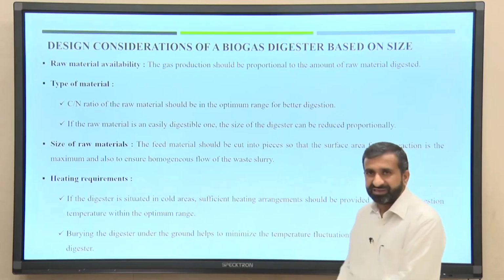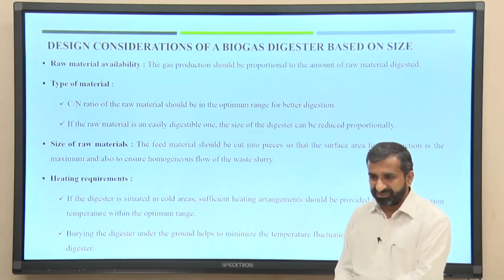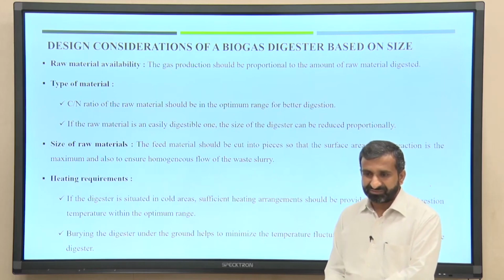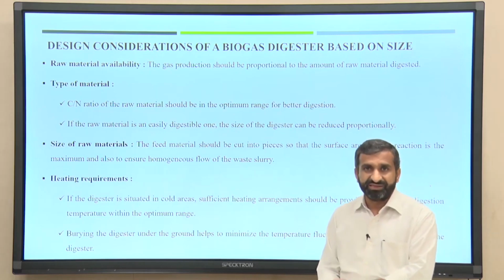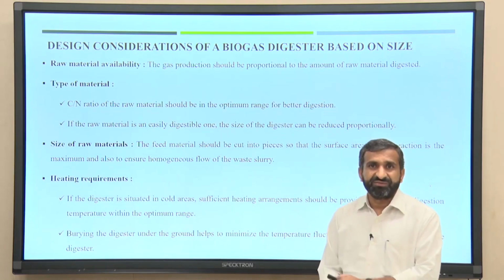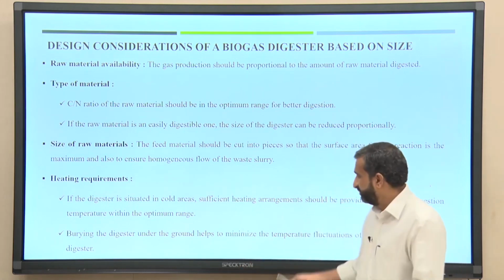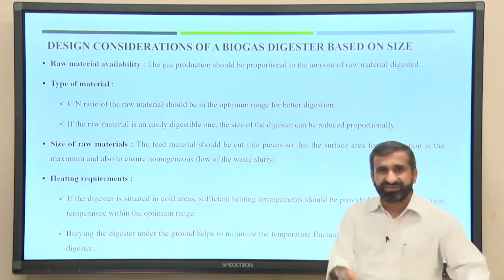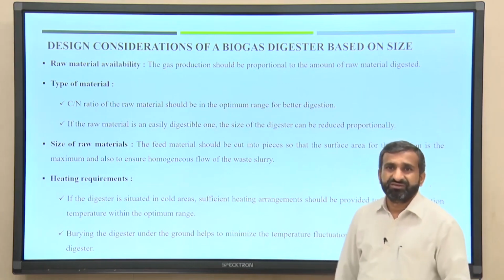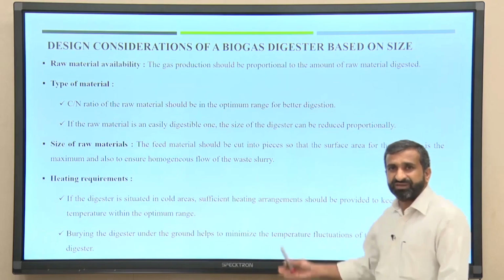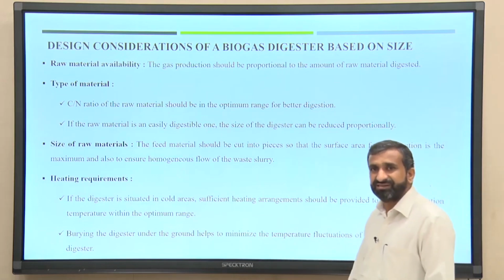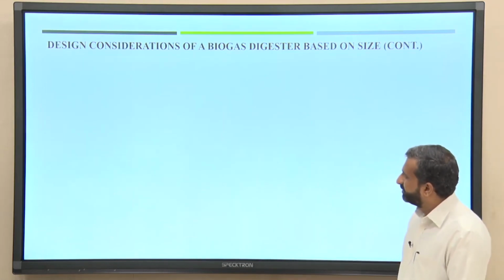So, I think especially in India, where temperature is around 4 degrees, 10 degrees in December, January months, in that condition it is good if you bury the digester underground, we can reduce the disadvantages of the temperature in the reactor.